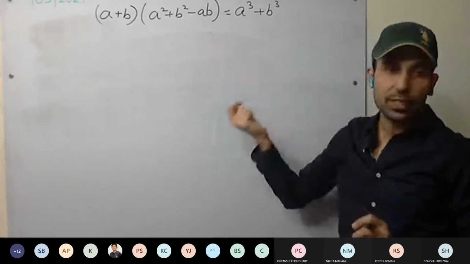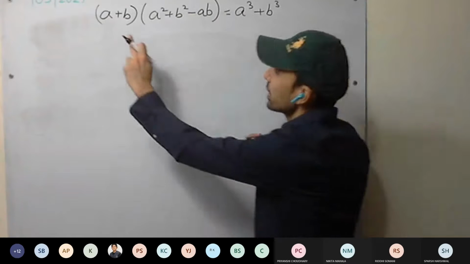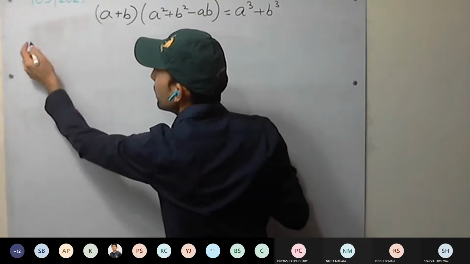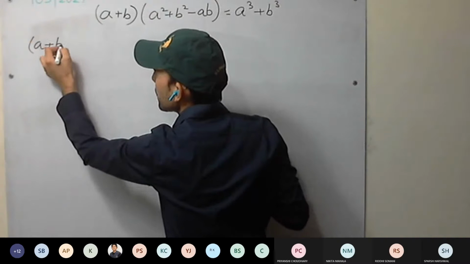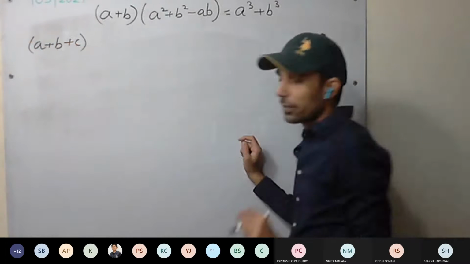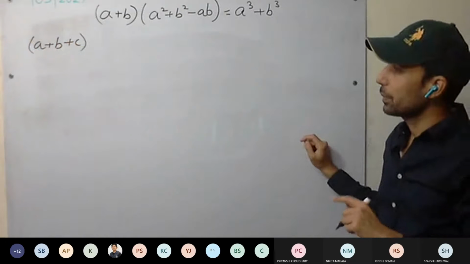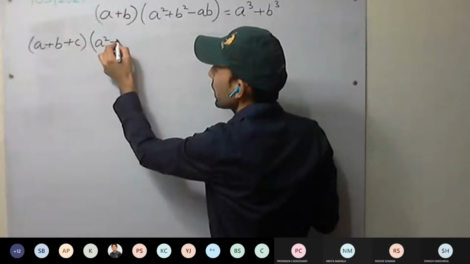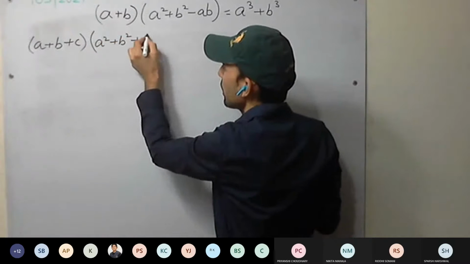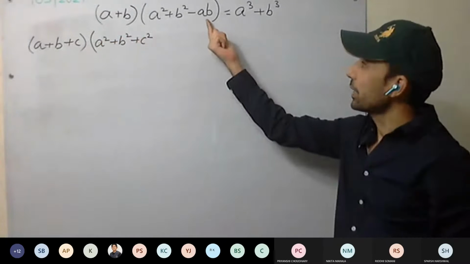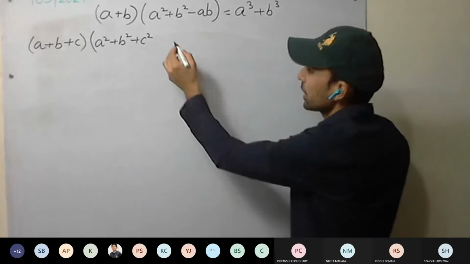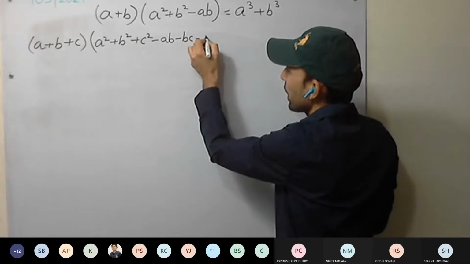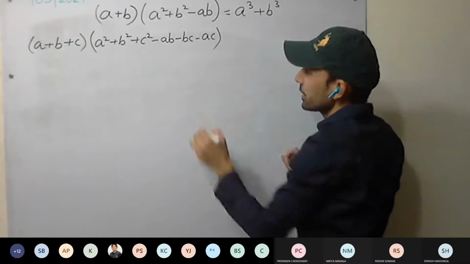Now if there are three variables, instead of a plus b we have to write a plus b plus c. Second, it will be a square plus b square plus c square, minus ab, minus bc, minus ca, or I can write ac.